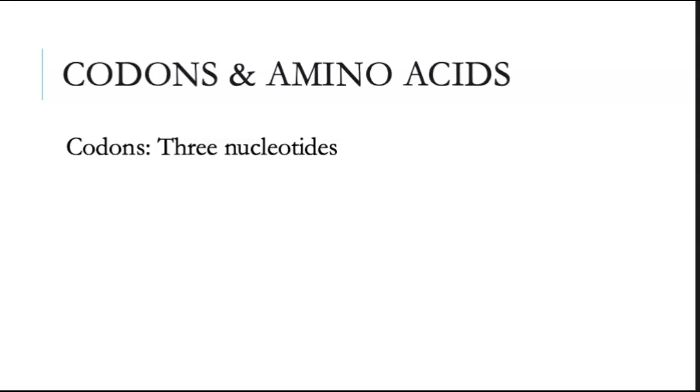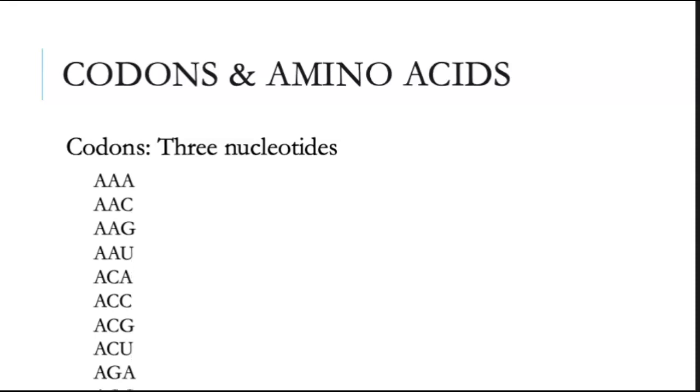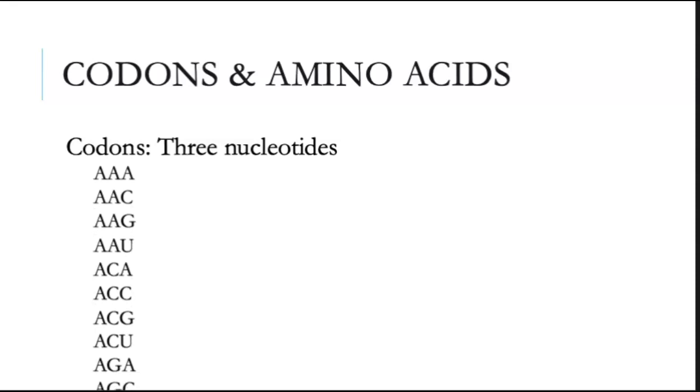So a quick word about codons and amino acids. If every codon is 3 nucleotides long, then we can figure out exactly how many different codons there can be. So we can look at, for example, AAA, AAC, AAG, oh my goodness, this would take forever to list them out. And in fact, there's an easier way to do it.